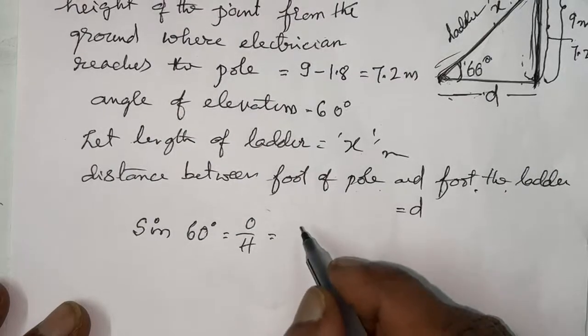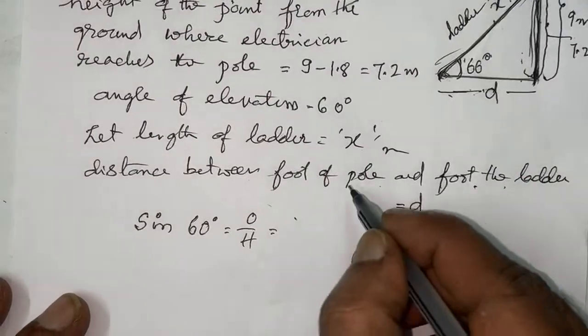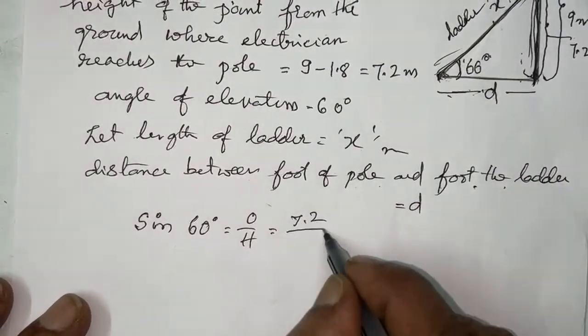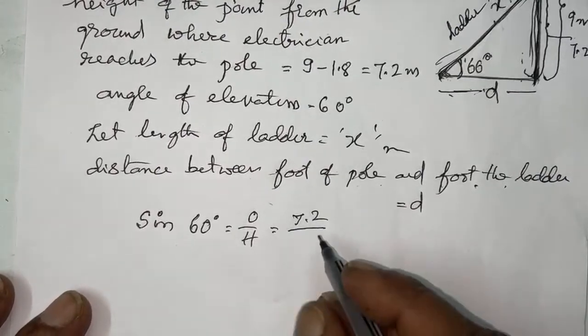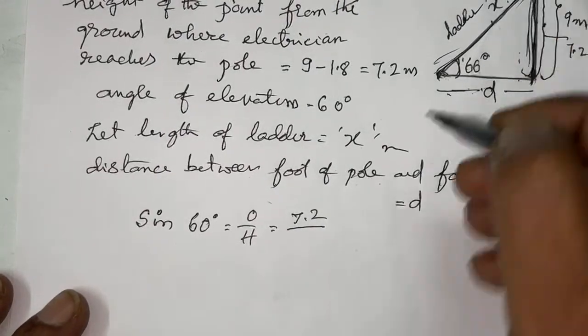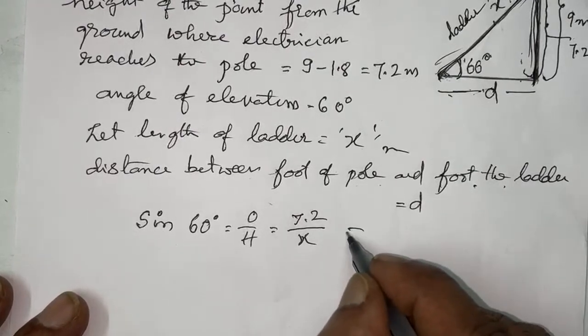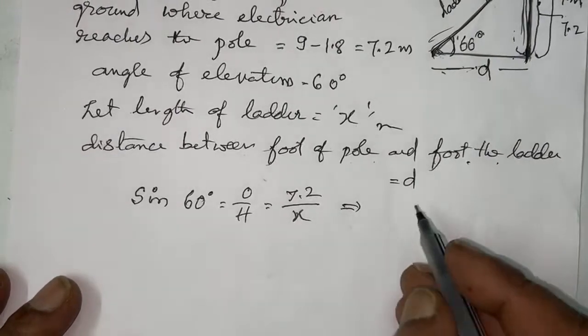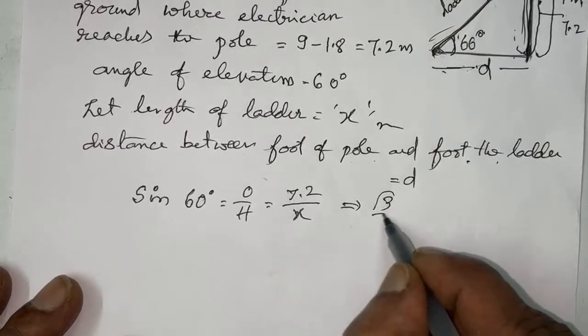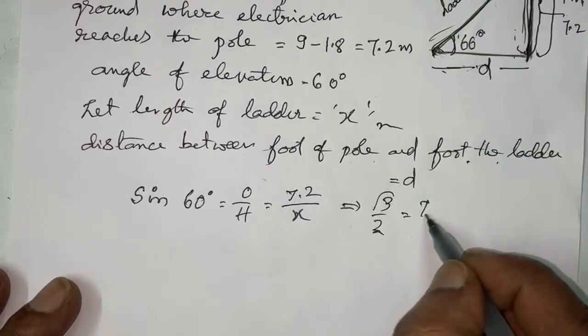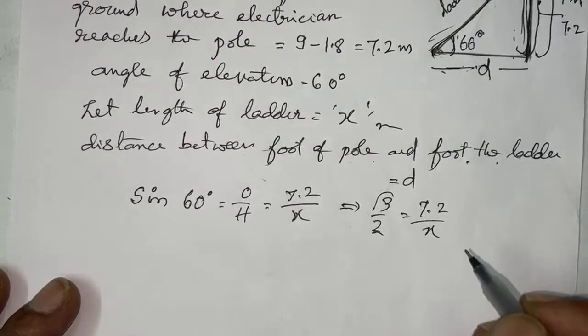Sin theta means what is opposite here? 7.2. That much height only the ladder has reached. And here the hypotenuse is x, that means the length of the ladder that we want. And the value of sin 60 is root 3 by 2. Root 3 by 2 is equal to 7.2 by x here.